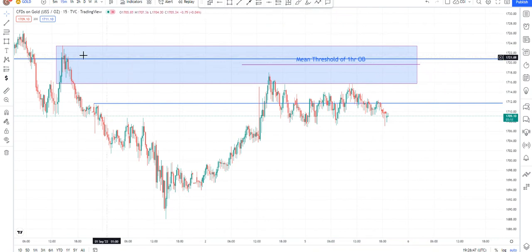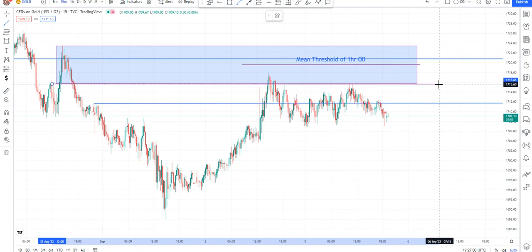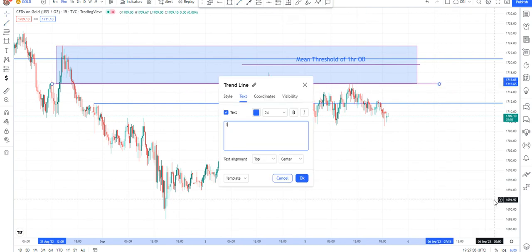Okay, this chart is looking messy. I don't like a messy chart, so I'm just going to use another line. Okay, then this will be my 1 hour bearish order block.